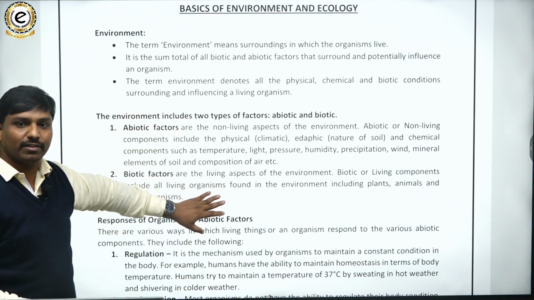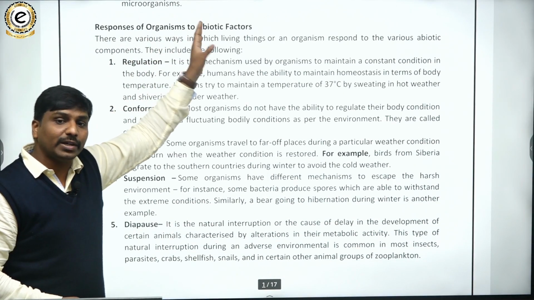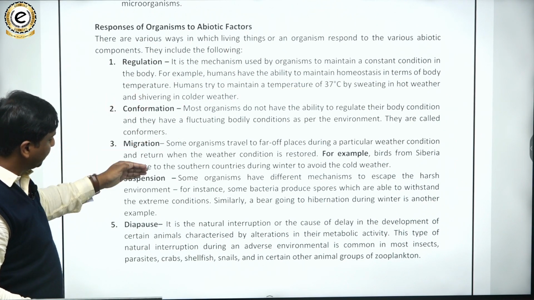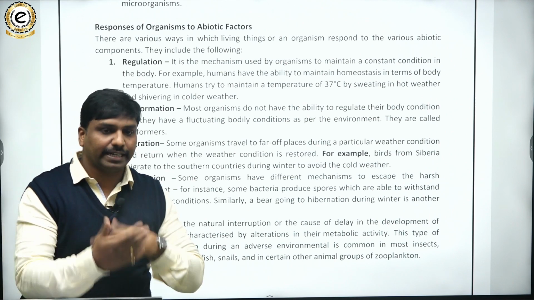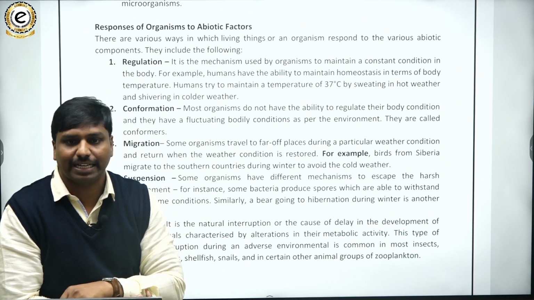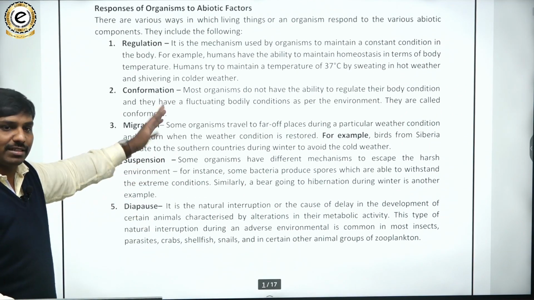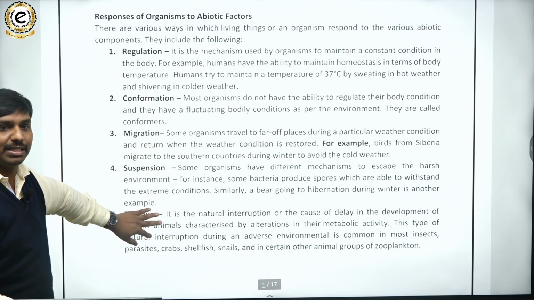You will have a list of all those things. And what are the various responses of organisms to abiotic factors? We have studied regulation, conformation, migration, suspension, diapause. You can read from here so that you will further enrich the knowledge if you do not have clarity. You will also have examples, so you can just pick from this document.